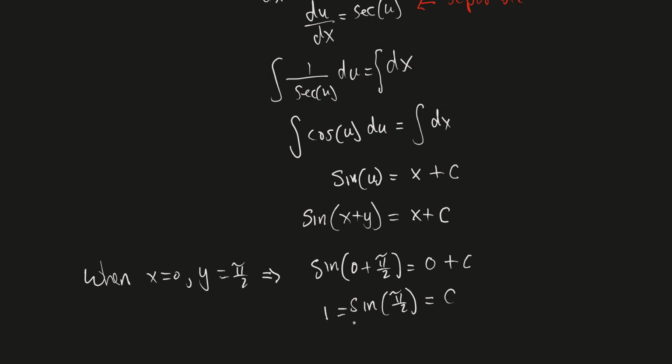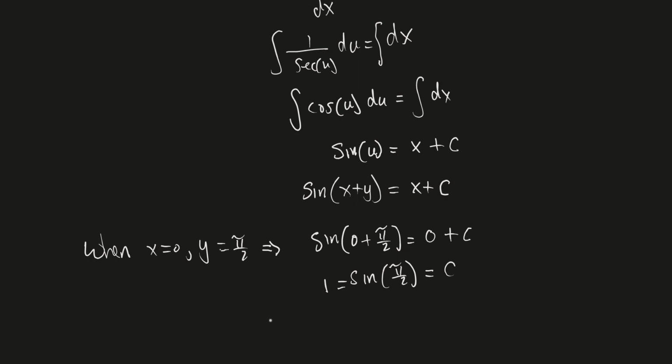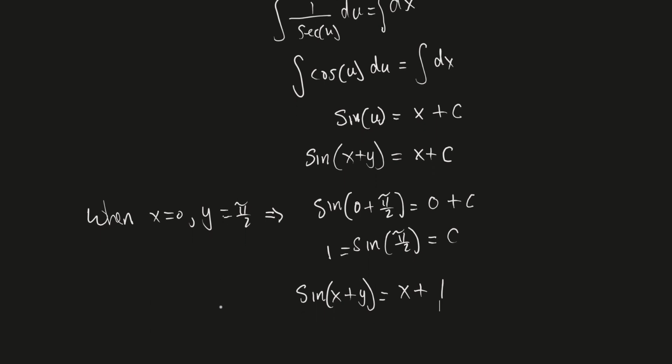So my constant is 1. Right, so now I have my particular solution, because I figured out what my constant is, and now the question is, can we isolate the dependent variable y? Can we get it in that explicit form? That's like our gold standard.